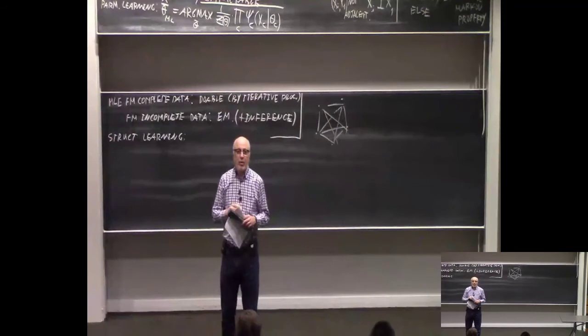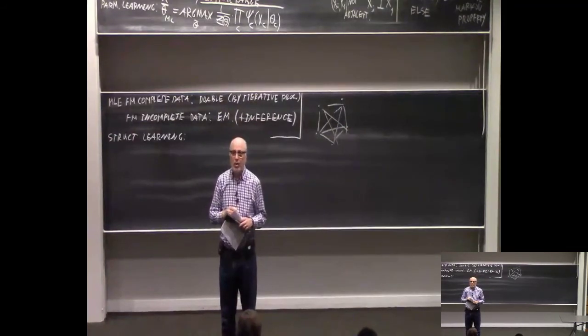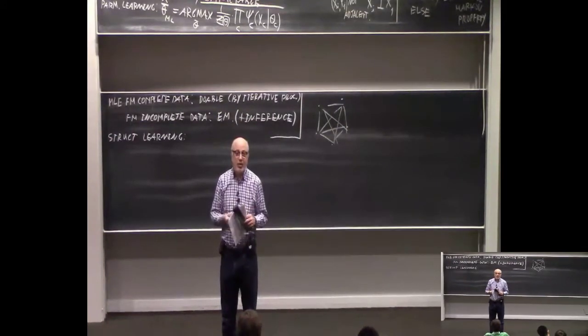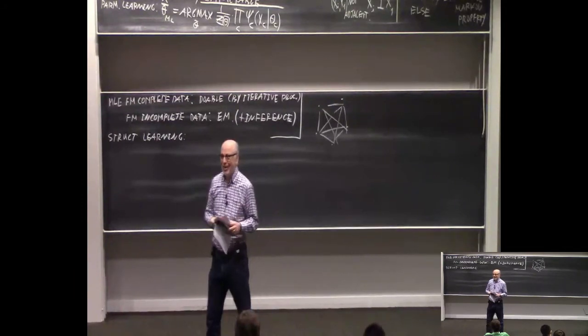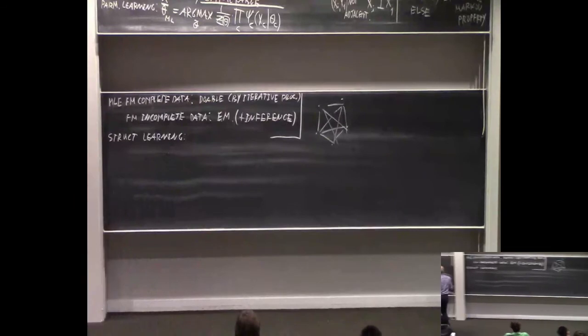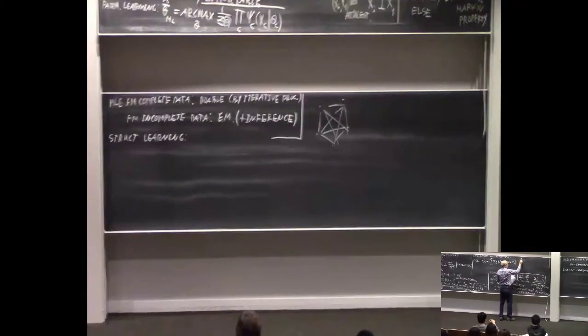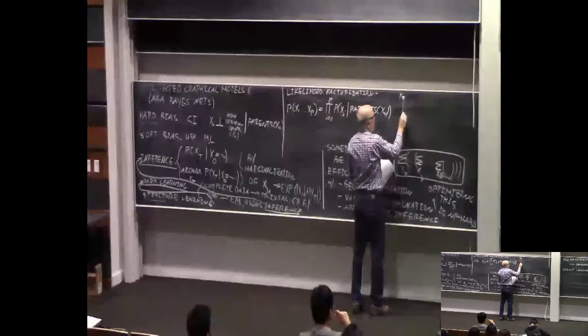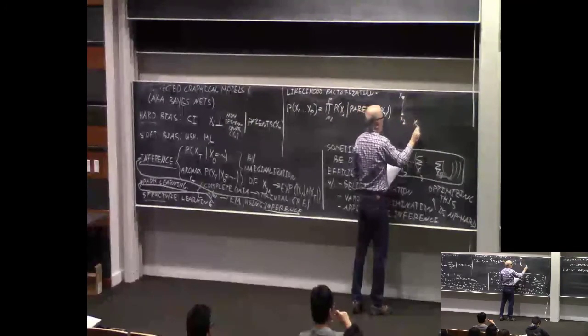Can you represent the same null set of conditional independence assumptions in a directed graphical model? Yes, I showed you how. You start with one node, this is x1, and then this is x2, and this is x3.